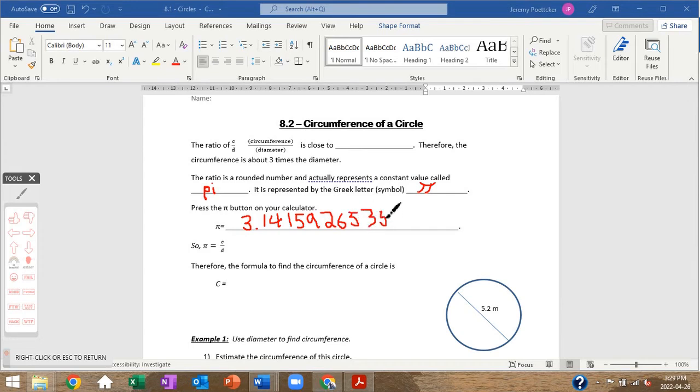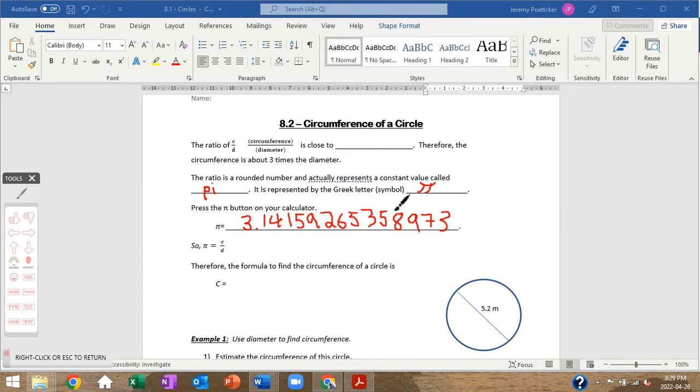I don't know if it's their life's goal. There are people who try to memorize pi to hundreds of decimal places and have all kinds of interesting tricks for doing that. You can do that if you'd like. It's not going to really help you a whole lot in math, but it will give you some pretty amazing nerd cred. So you can go ahead and do that if you'd like.